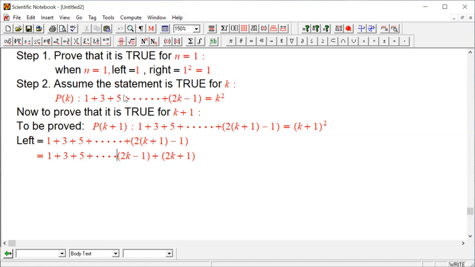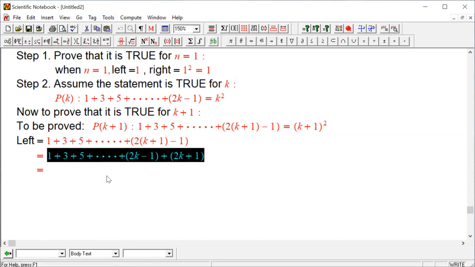Okay, so we're adding these odd numbers. So now we're going to apply the assumption because we assume these are the first k odd numbers, right?